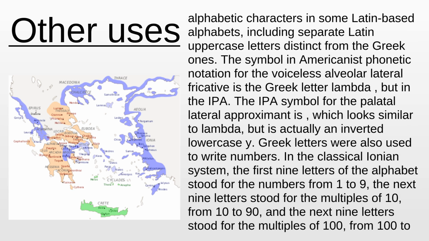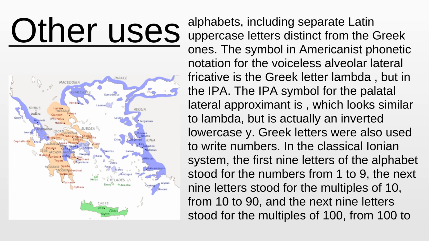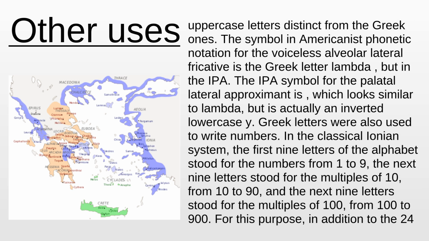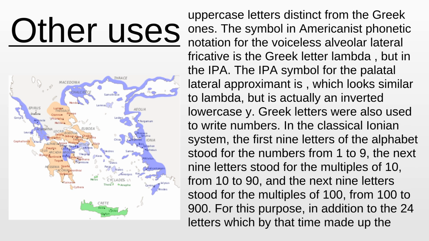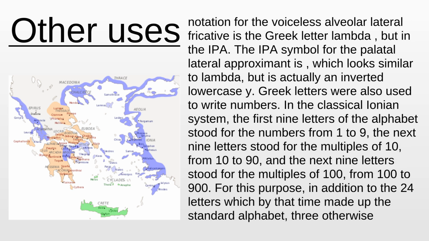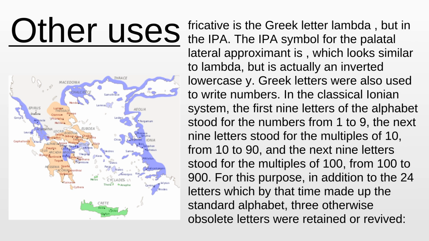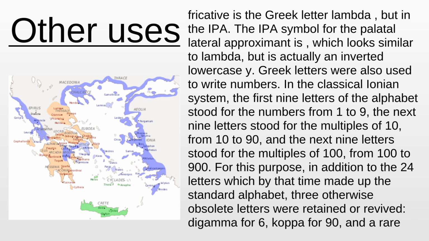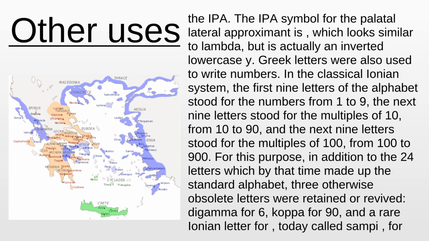The symbol in Americanist phonetic notation for the voiceless alveolar lateral fricative is the Greek letter lambda, but in the IPA the symbol for the palatal lateral approximant looks similar to lambda, but is actually an inverted lowercase y.